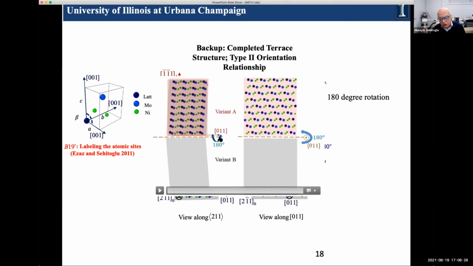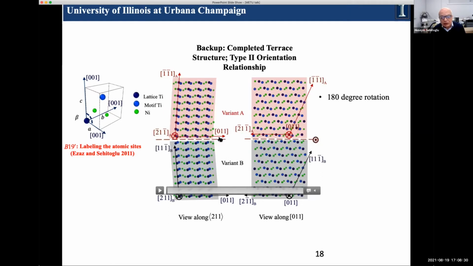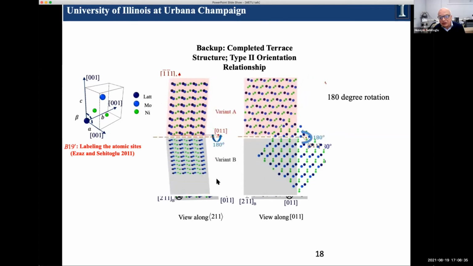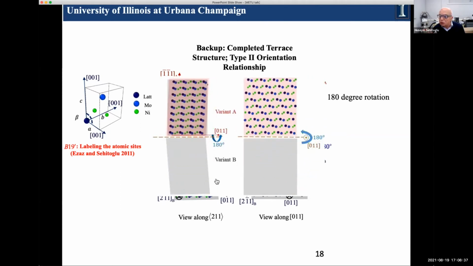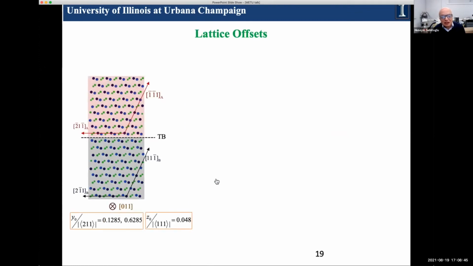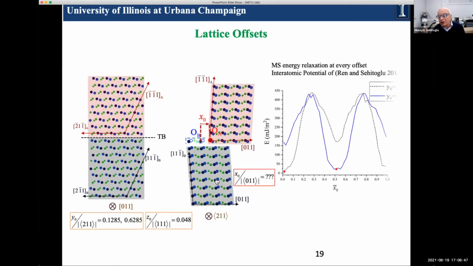This 180-degree rotation is supposed to put the atoms in a reflective position, but it does not. It does in face-centered cubic, but not in the lower symmetry lattices. First of all, we have to consider offsets at the interface. So this is x0.